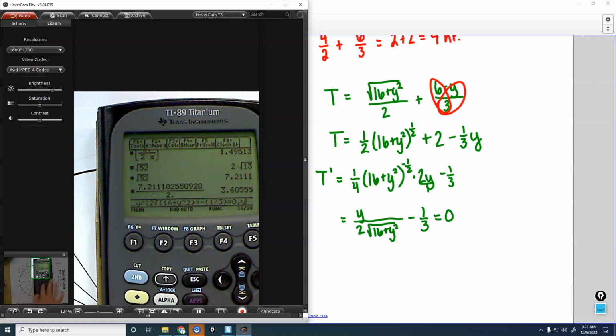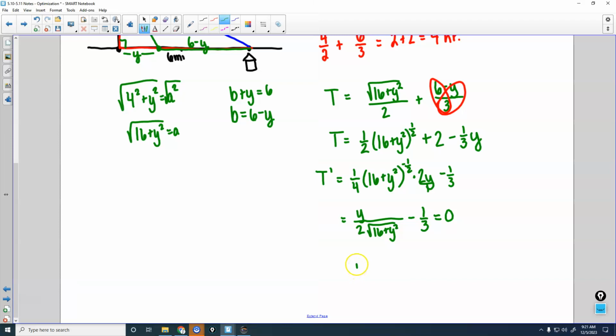All right, cross your fingers that we got it in right. Green button. So we get 3.5771. So y equals 3.5771.